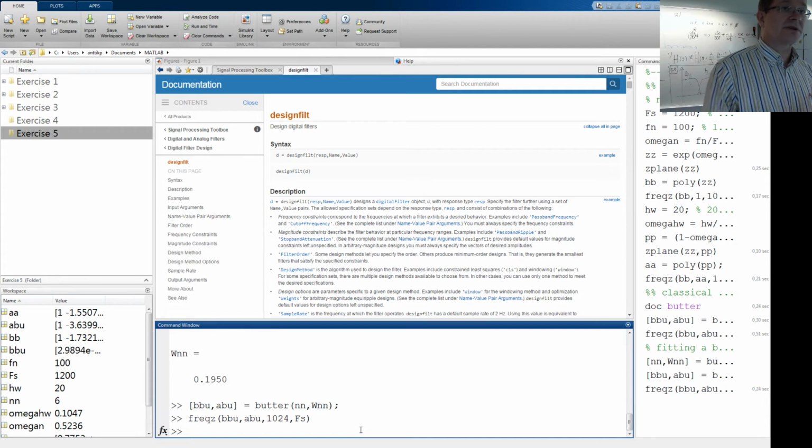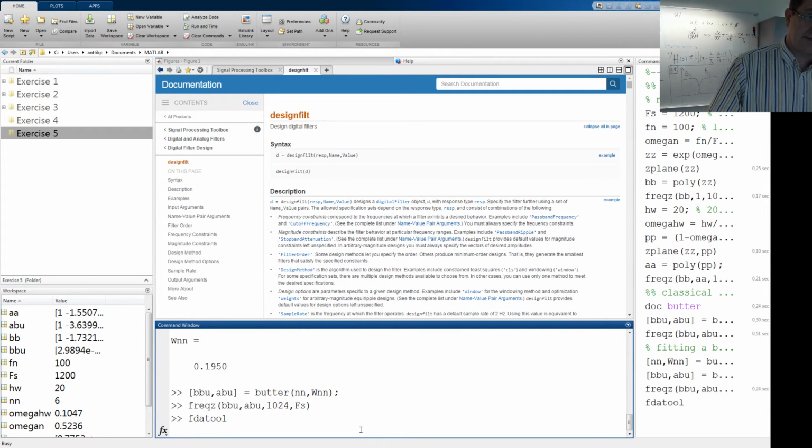Then I will also show you, although I know that some of you are working with Octave, which does not necessarily have all the functions. It has the Chebyshev, Bessel, Butterworth, so this exercise definitely can be done also with Octave. But since we have this very expensive MATLAB, we also have very expensive tools like the FDA tool.